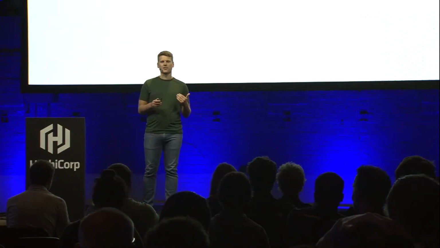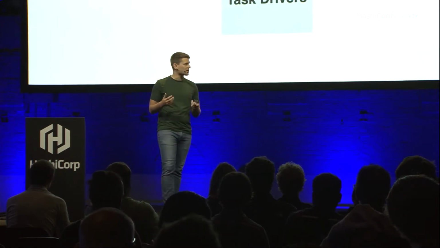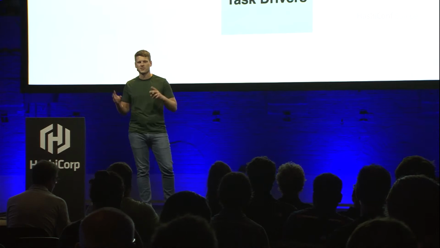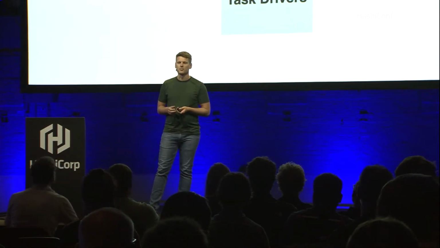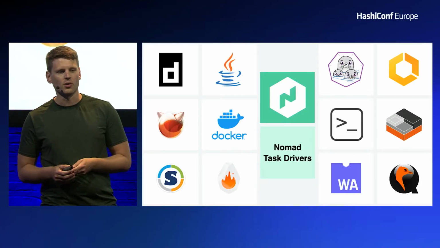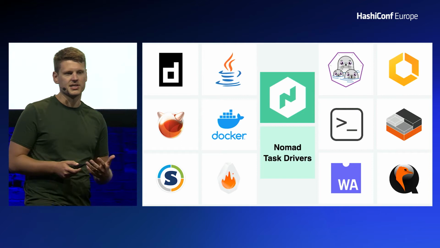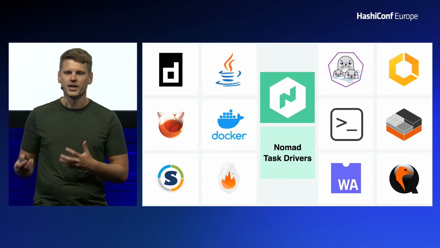But Nomad also is flexible in terms of what it runs. A lot of the other tools fashion themselves as container orchestrators. We tend not to use that term for Nomad because it's so much more than a container orchestrator. Of course, you can orchestrate Docker containers. But you could also give Nomad a Java jar, and it knows how to run that.